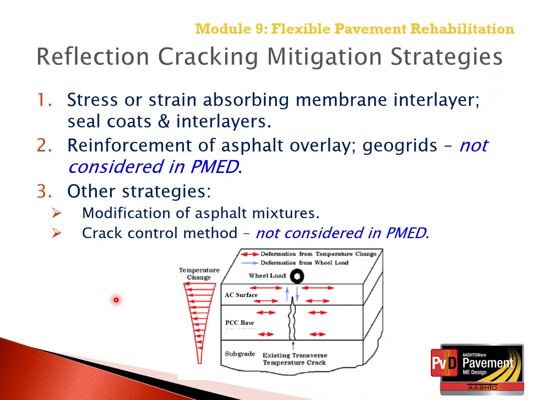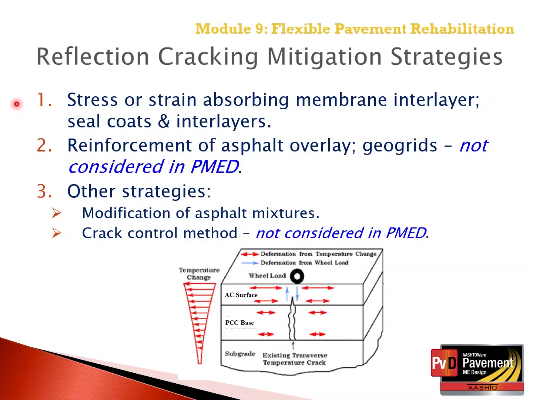Again, reflection cracks are composed of our three different options: shear, which is the more important, tension, and bending. And so what type of materials can we place between our asphalt surface or overlay and the existing, say, concrete pavement or existing asphalt layer or existing flexible pavement?